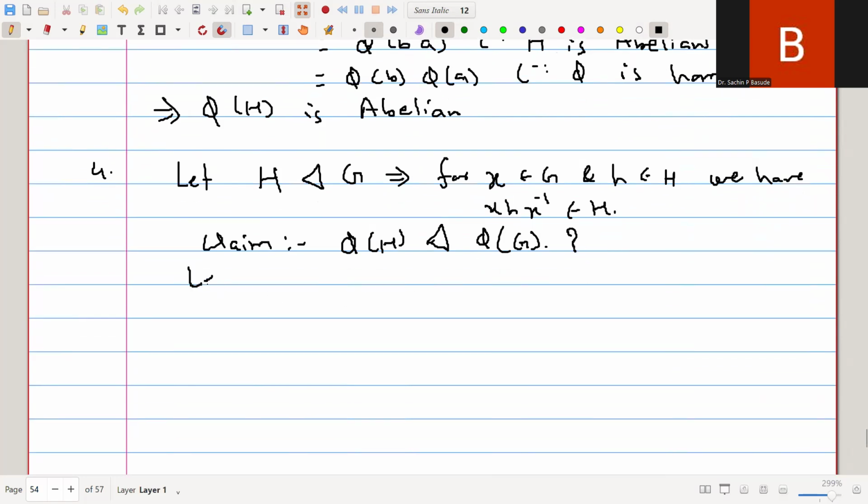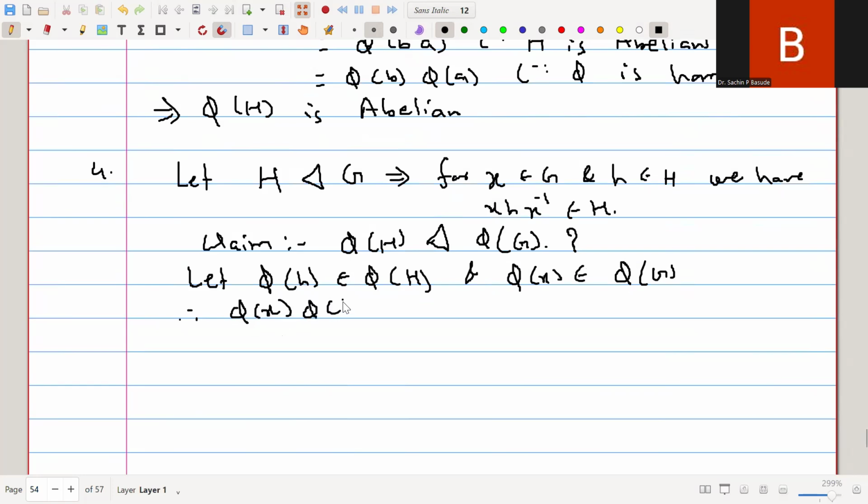So for that, let phi of h belong to phi of H and phi of x belong to phi of G. Therefore, phi of x into phi of h into phi of x whole inverse, we can write this as phi of x into phi of h into phi of x inverse.